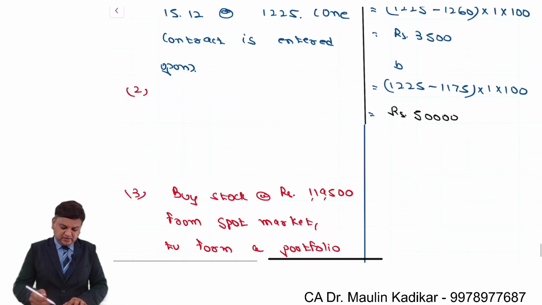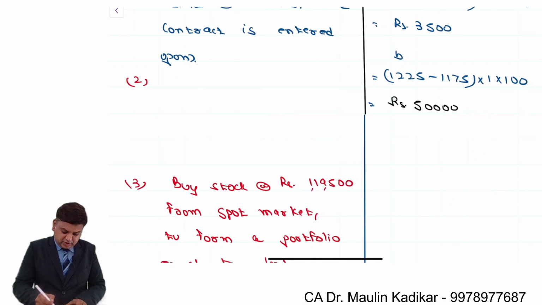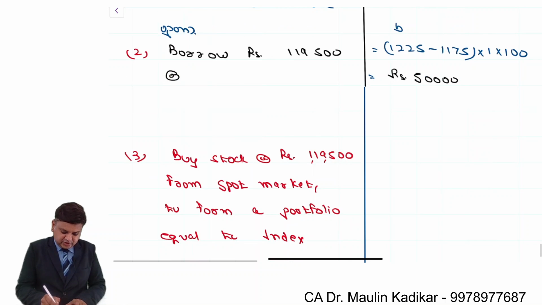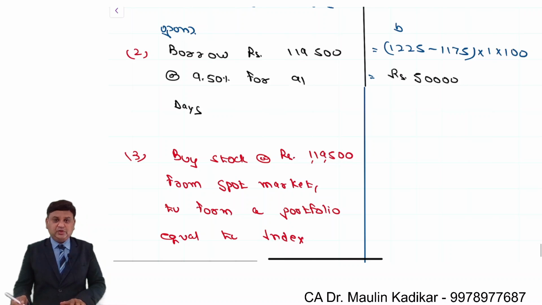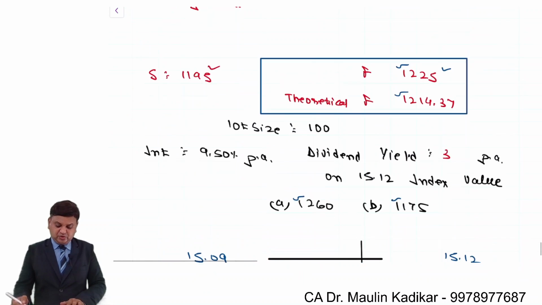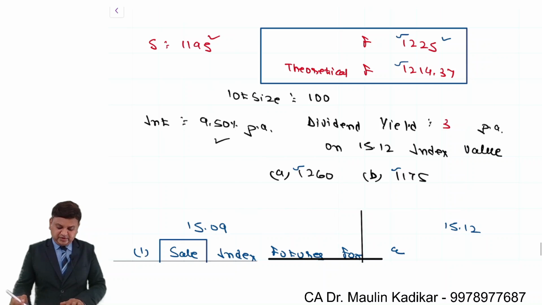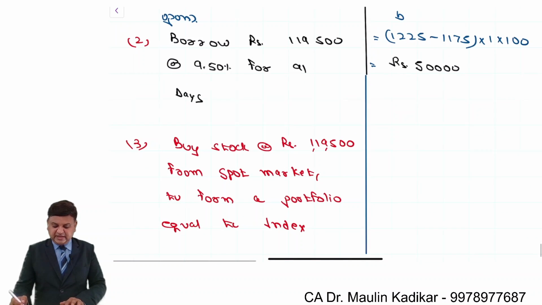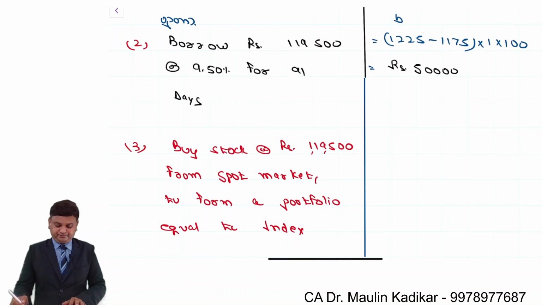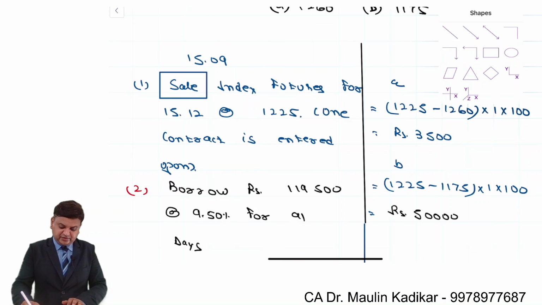In order to buy stock, we assume that we will borrow rupees 1,19,500 at the rate of 9.5 percent for 91 days. So you borrow funds for 91 days and make investment in the security today. On 15th of December, let us understand further what will happen.